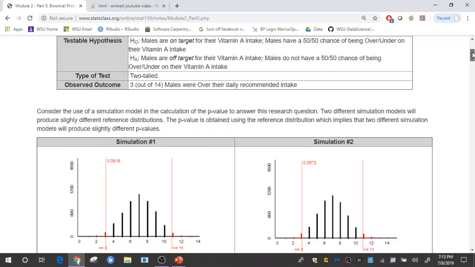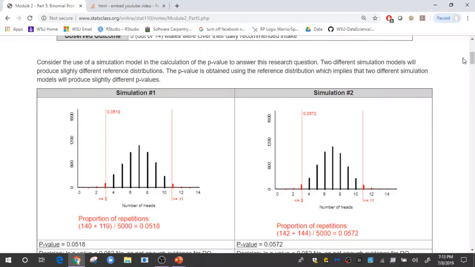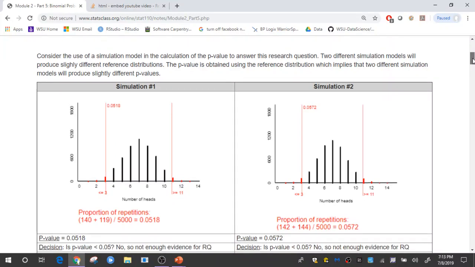Now, as I've said, up to this point we've been using the reference distributions that have been obtained from simulation models. 2 different simulation models will produce slightly different reference distributions, which implies that 2 different simulations will produce slightly different p-values.